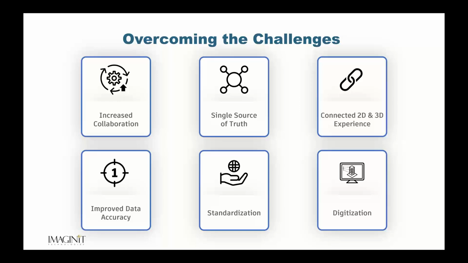Because we have everything in one place, it's going to improve the accuracy of the data. It's going to standardize things. Instead of having all these unconnected systems, we have one place where we can keep almost everything, if not everything. And digitization, where we're just taking things that were traditionally paper, like forms, is a good example of that. And finally, moving those into the cloud environment.